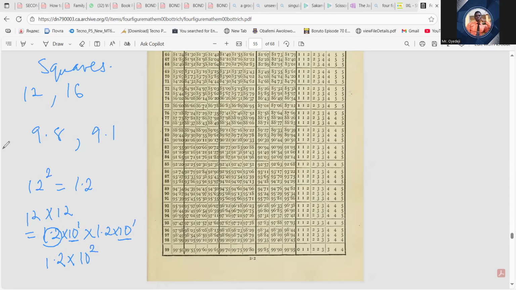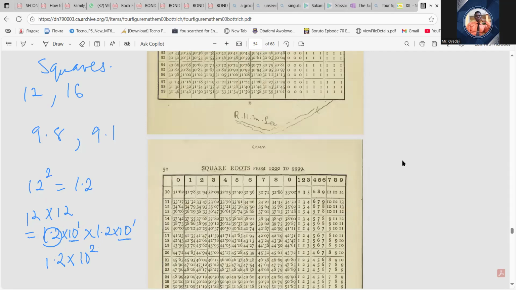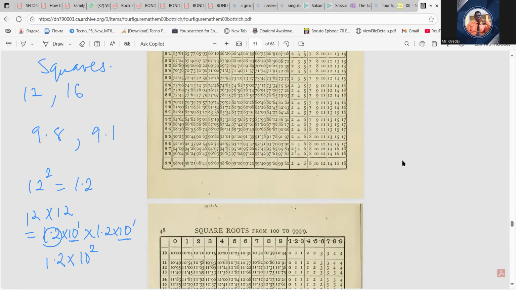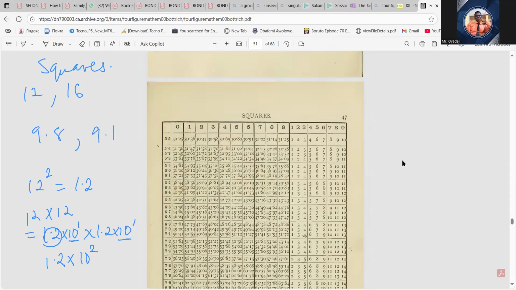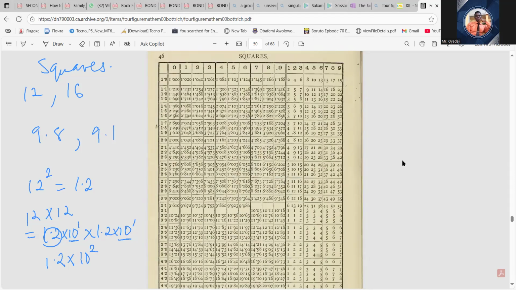Now the next step is for us to look for the square in the table. This is square root, this is square. Now we're going for 1.2, still squaring 1.2. Since we don't have any other number after 1.2, that's 1.2 and 0.